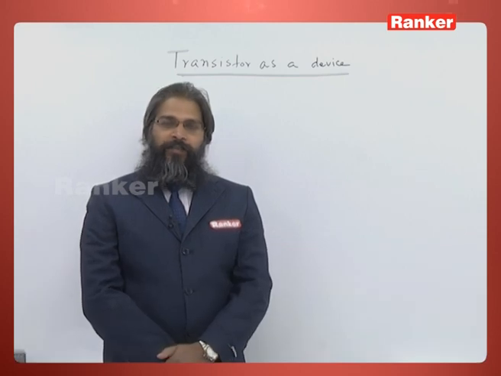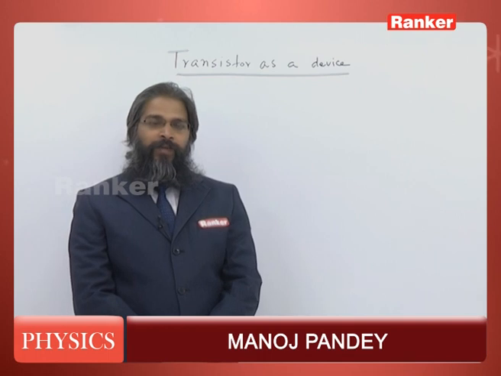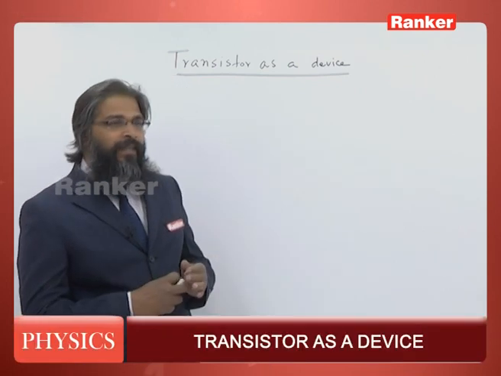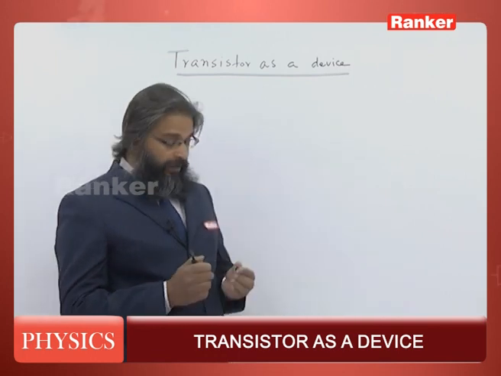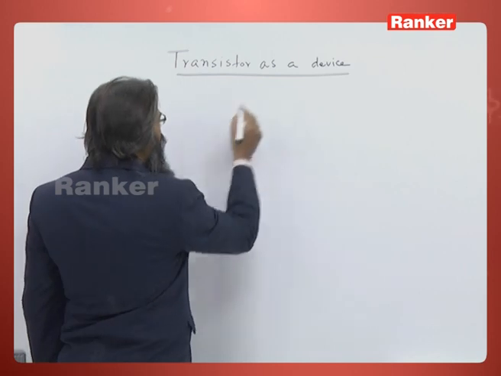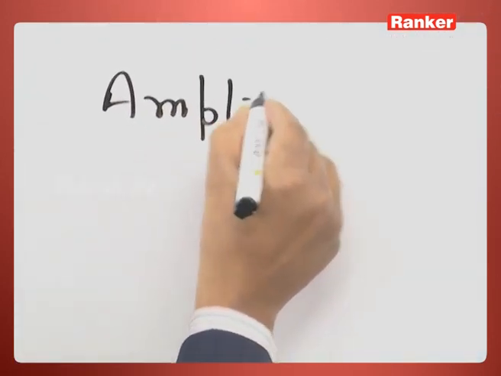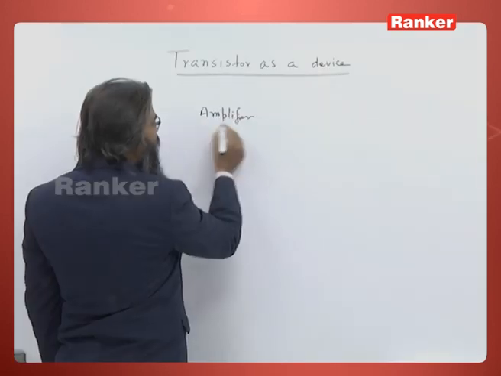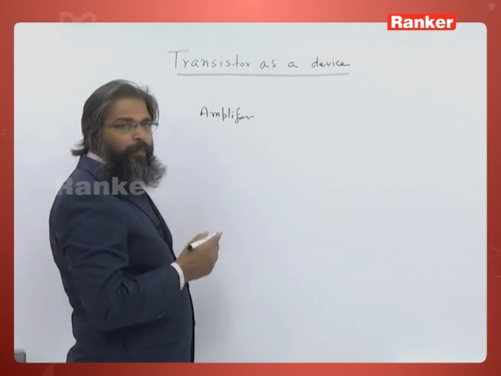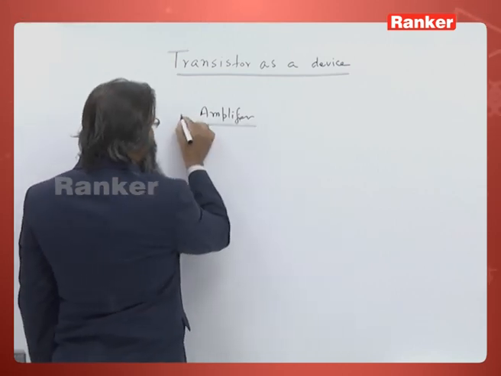So, in this session we are going to learn about the transistor, the working of a transistor as a device. So, how it can be used as different types of devices. We will see its role as an amplifier that can amplify voltage signal, current, and power.